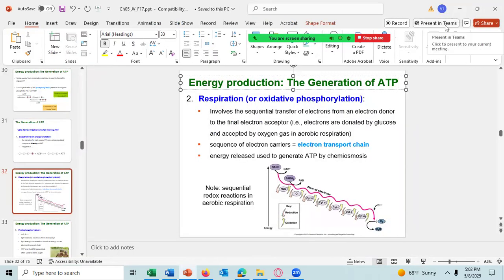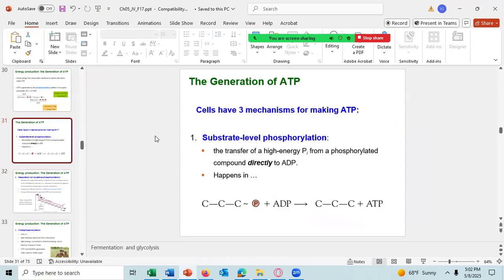So we had talked about the generation of ATP and how it can happen by substrate level phosphorylation, where a phosphate group is removed from a molecule and added to ADP to make ATP.